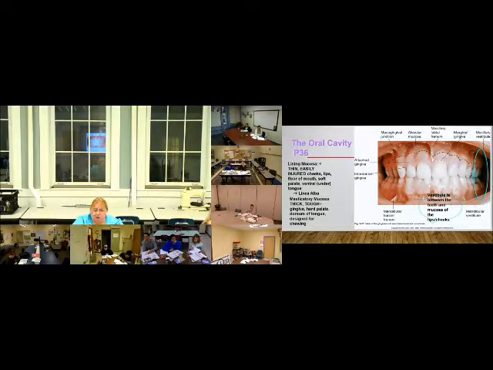The masticatory mucosa is thick and tough. And we have this, our gums are masticatory mucosa, the hard palate, or the roof of your mouth, the top of your tongue. These are designed for chewing, and they stand up to wear much better.